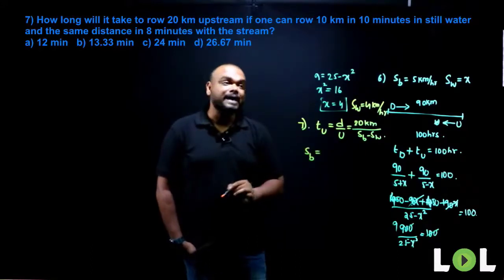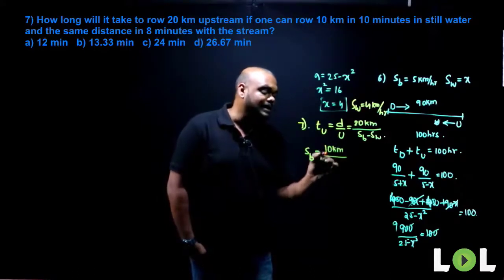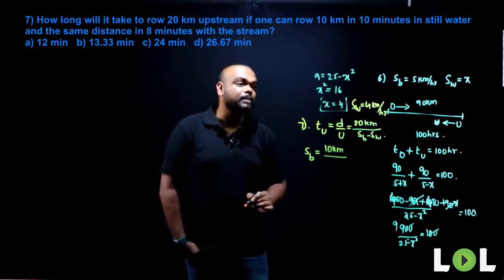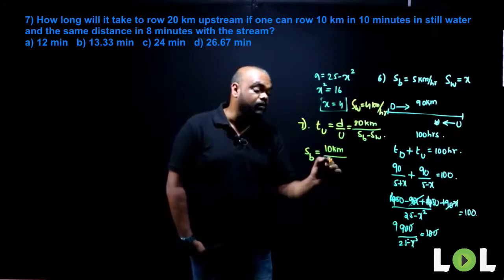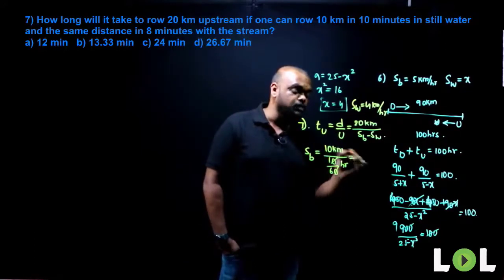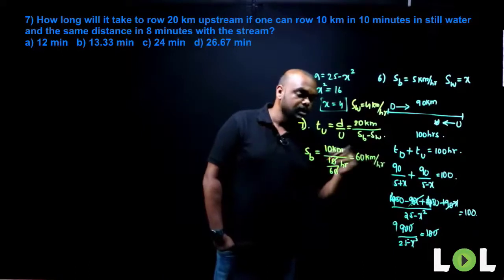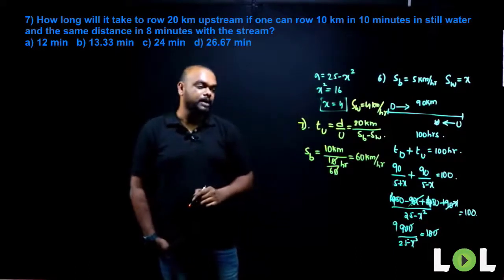SB is distance by time taken. What is distance? 10 kilometers divided by time taken, 10 minutes, but converted into hours, that is 10 by 60 hours. 6 goes to numerator. SB value will be 60 km per hour. Speed of a boat in Stillwater is 60 km per hour.